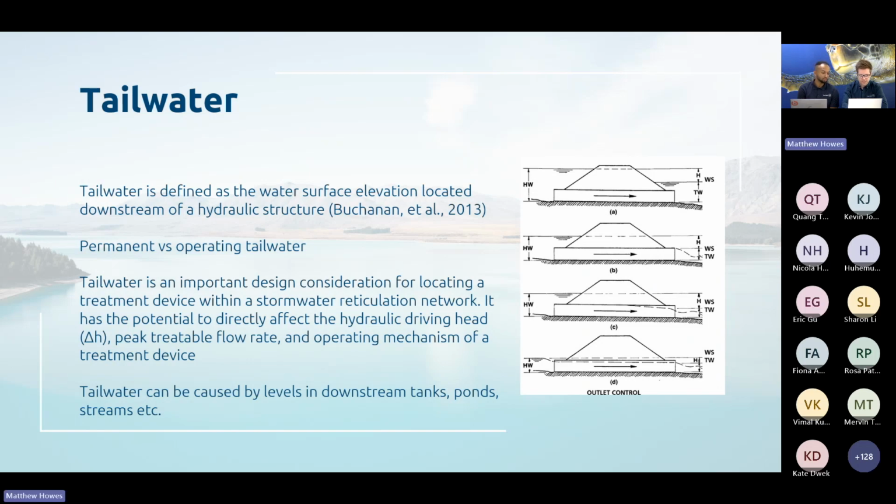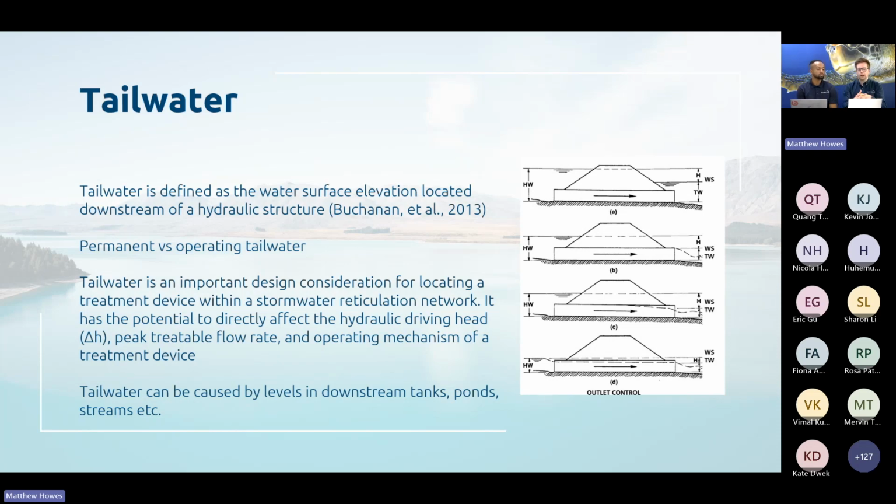Quite a high percentage saying no, which is interesting if you've not had to work in a flow control area like a SMAF area in Auckland. But quite a few have done ponds and wetlands downstream, and looks to be kind of mid-30s have had to put tanks downstream.